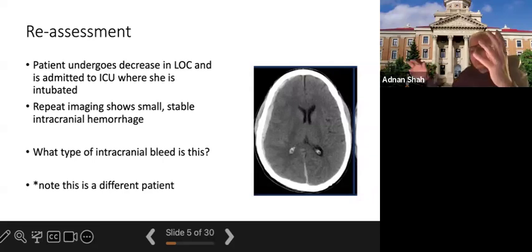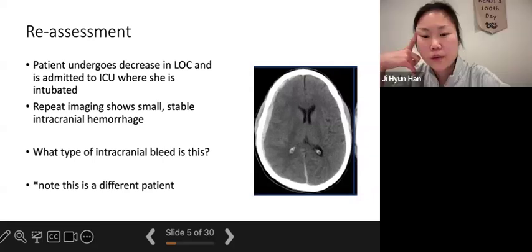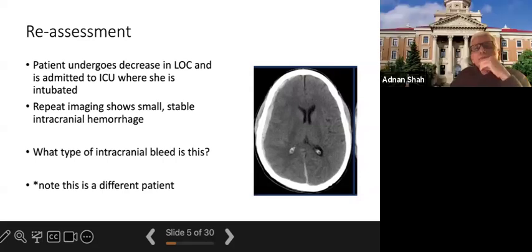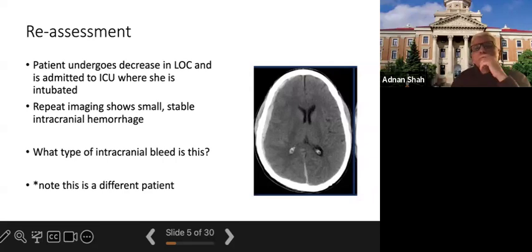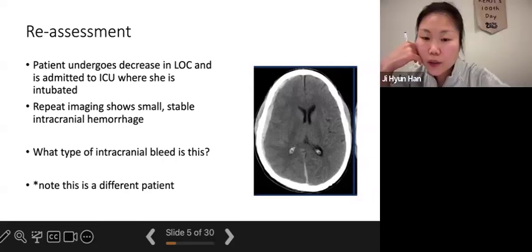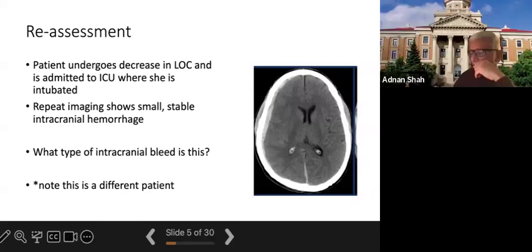Epidural is above the dura, subdural is below the dura, and then there's subarachnoid. Which is more of an emergent situation? The epidural. That's good. This is subdural.